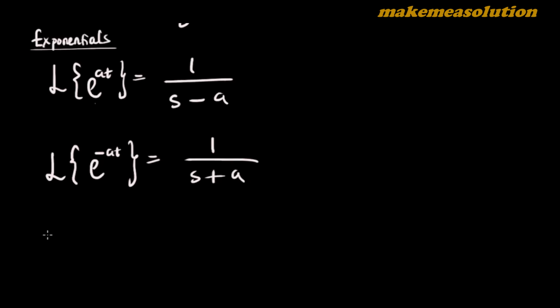So finally, I'm going to show us the Laplace transform for trigonometrics, and this is the only one that I'm going to do some little calculations on so that you will understand how we actually came about it.